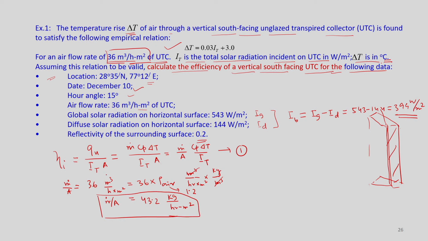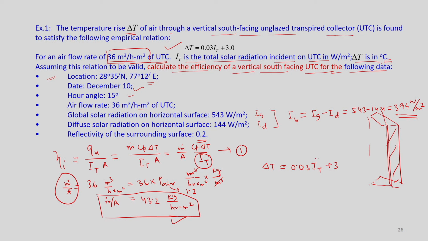So, normally this is volume flow. So, we can write volume flow also, but we can convert it to mass flow rate per area. Okay. So, this part is known to us now. So, what we need is IT. Okay. And this delta T is given as 0.03 into IT plus 3.